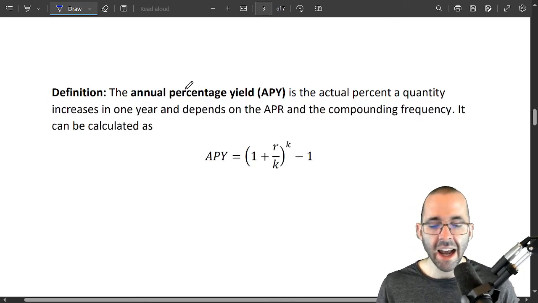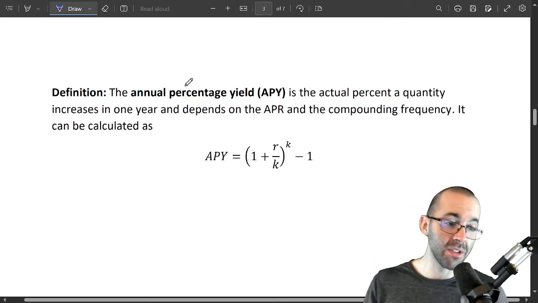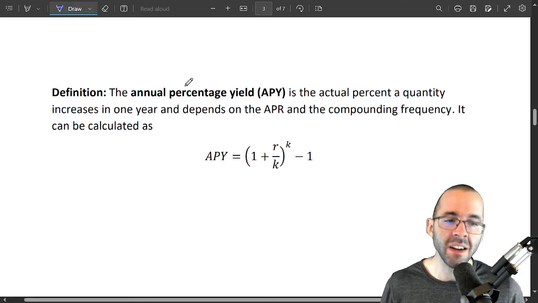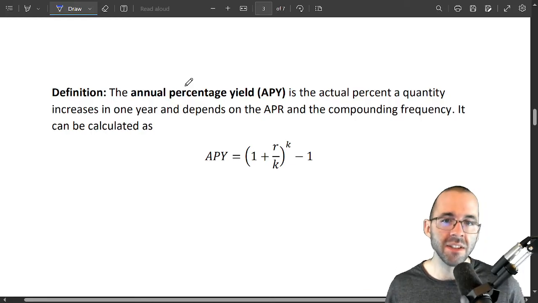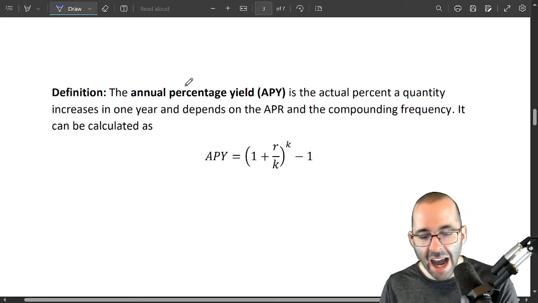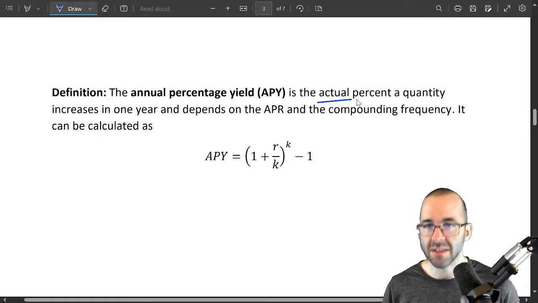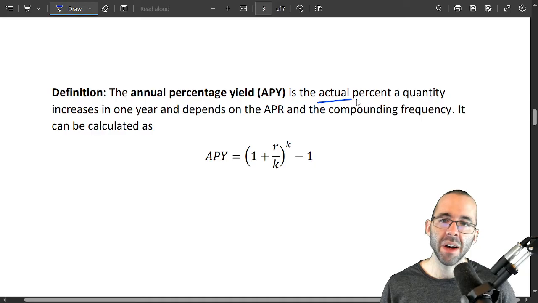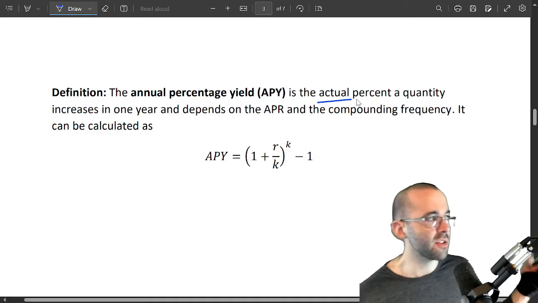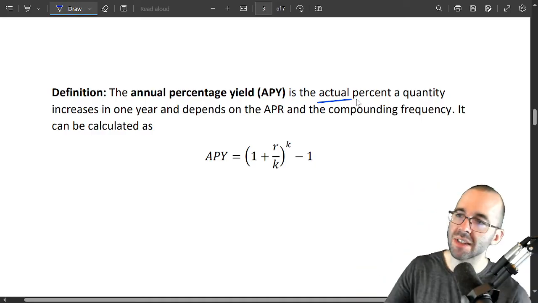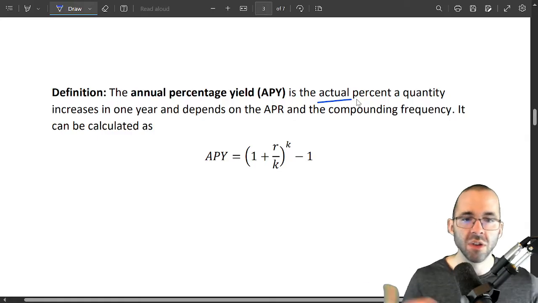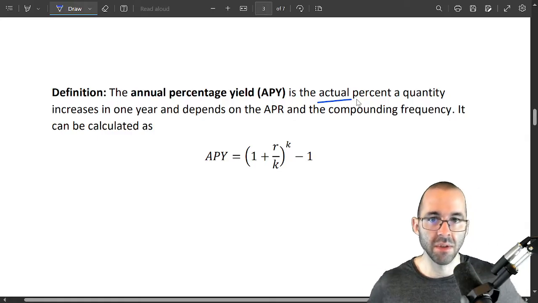So let's define this. The annual percentage yield, not the annual percentage rate. The annual percentage yield is APY, and it's the actual percent that a quantity increases in 1 year. It depends on the APR and on the compounding frequency. Sometimes you'll see APY listed, sometimes APR. Make sure you're comparing apples to apples, okay?